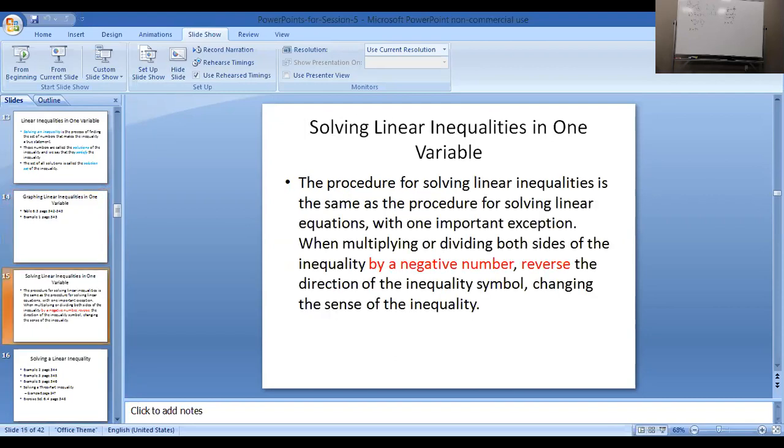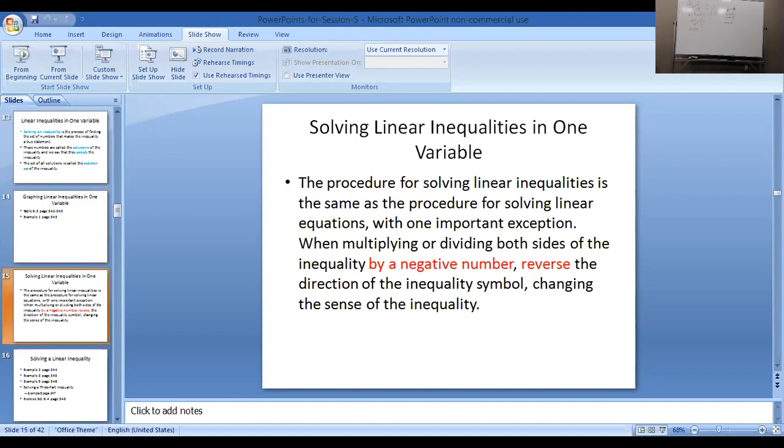All right. Now, when we want to solve linear inequalities, you do the same thing as when you're doing an equation, except if you multiply or divide the inequality by a negative number, then reverse the direction of that inequality.